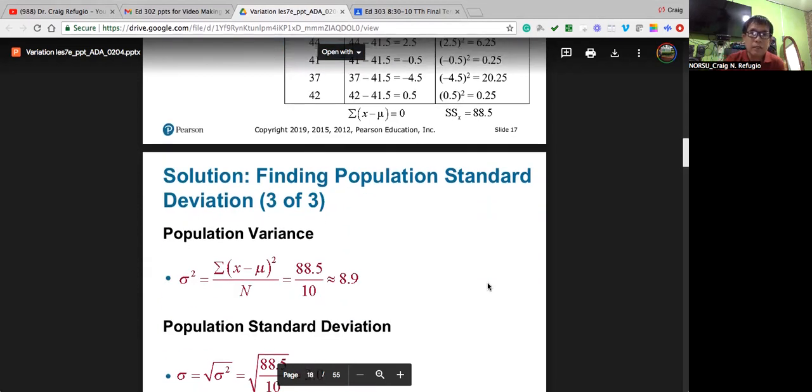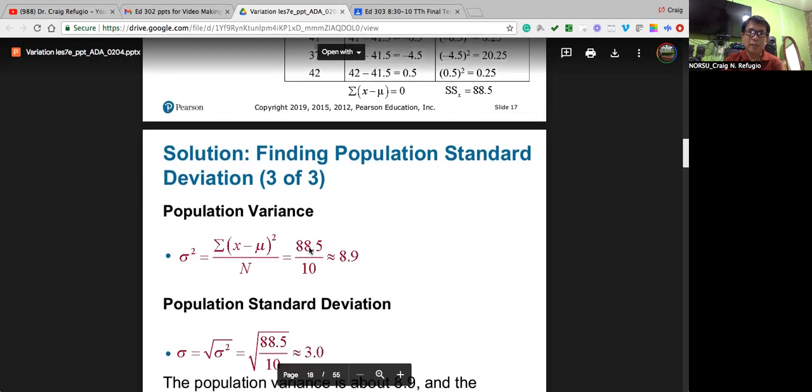So finding the population variance: sigma to the second is equal to the summation of the quantity x minus mu to the second divided by capital N. So we have 88.5 divided by 10. Since the quotient is not exact, you're going to use approximation, so approximately 8.9.